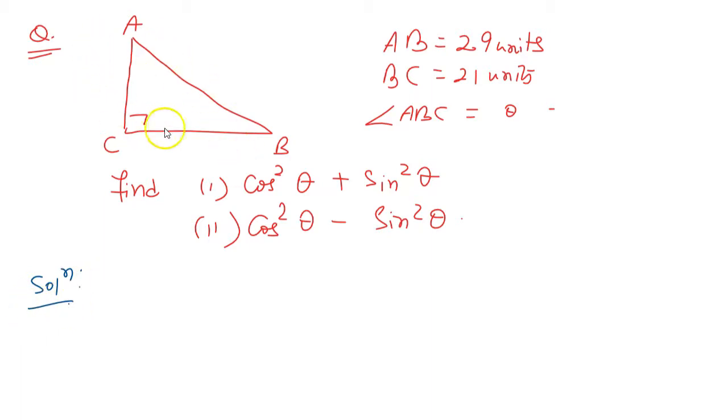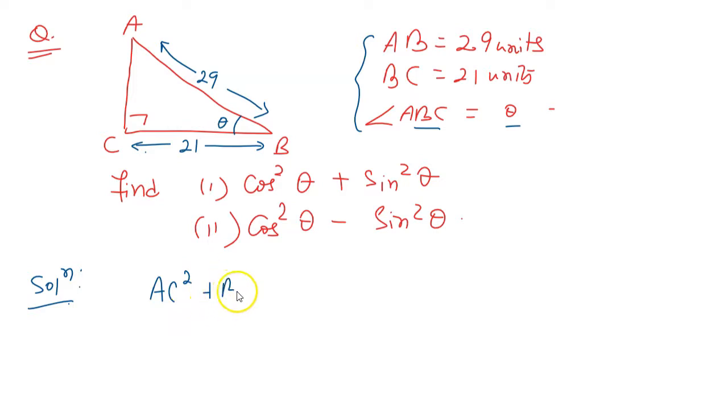So guys, let us represent all the information that we have given in this triangle. Angle ABC is theta. So angle ABC, this one, it is theta. AB is 29. This is 29. BC is 21, right? So before moving ahead, I would like to find AC. And how we can find AC? Just by using Pythagoras theorem again.